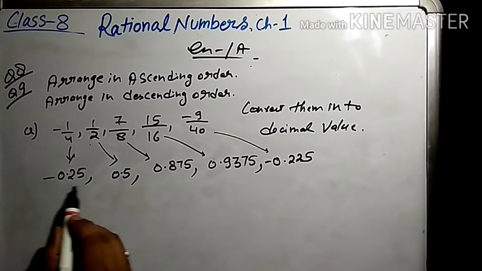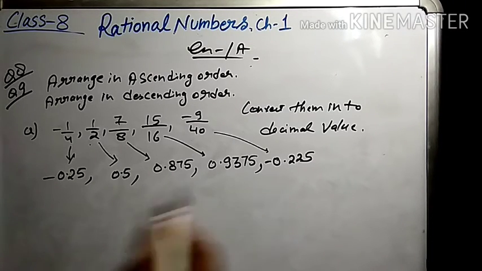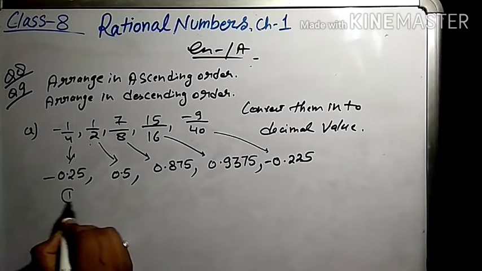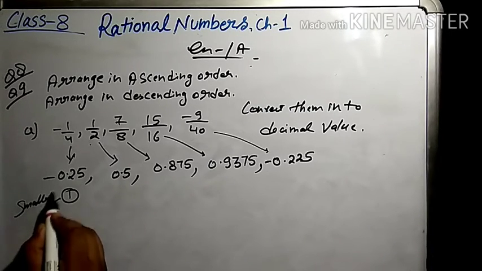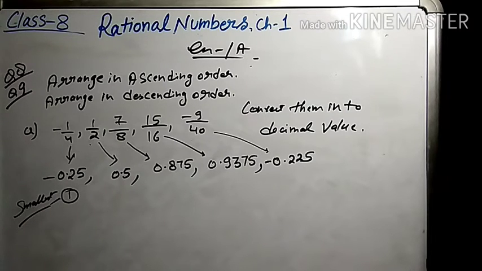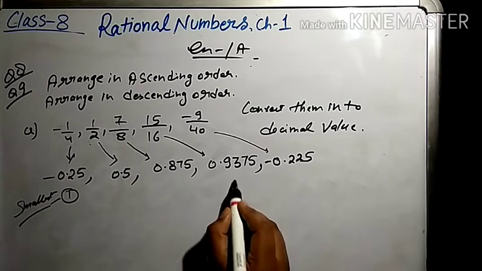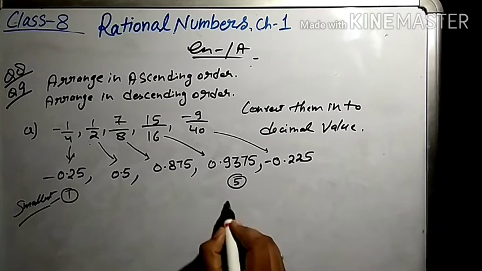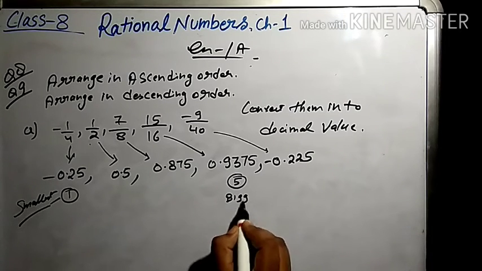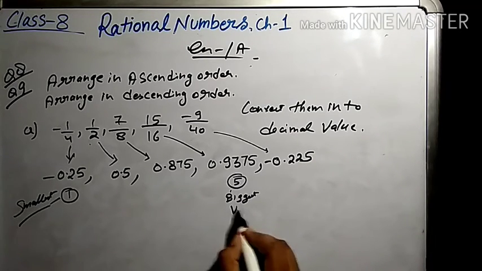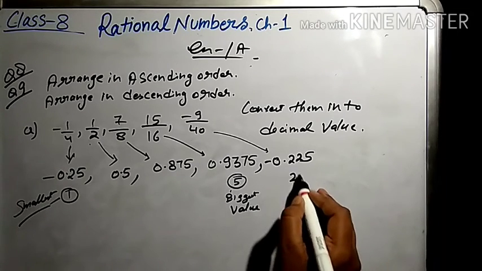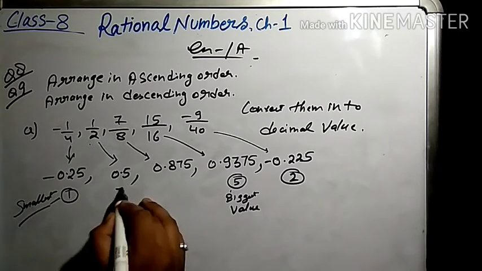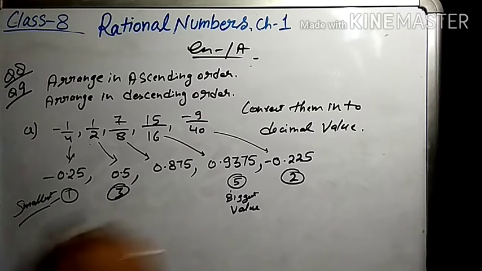Now, by watching the decimal values, I can see this is the smallest value, and this is the biggest value. Among these, if I arrange them in order, this is the second number, this is the third value, and this is the fourth value.